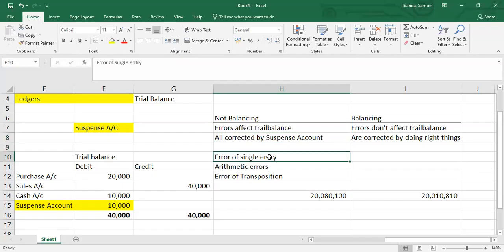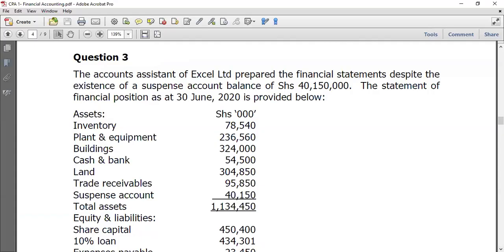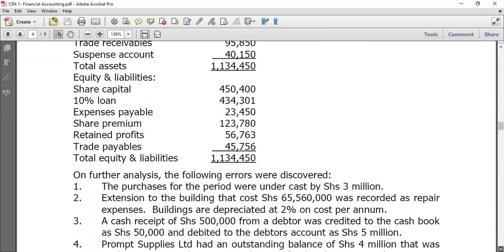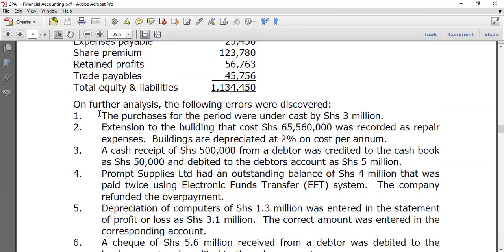So every time you're reading a scenario and they are talking about any of these errors, one of the things you need to understand is that once the examiner gives you a question, for every statement that you read, you should be able to know at which part of the accounting cycle this error could have been made.